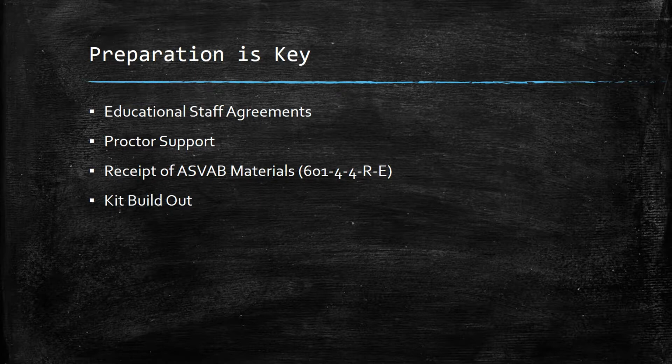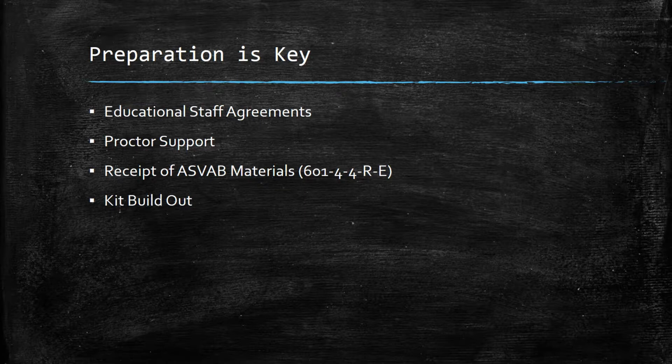You should also have received a copy of this form via email, and it can be electronically filled out beforehand. Preferably, we like them, at least the test book information, to already be filled out before the test session. That makes it easier to distribute the test materials. It is also part of your kit build out, which I'll talk about in just a moment.